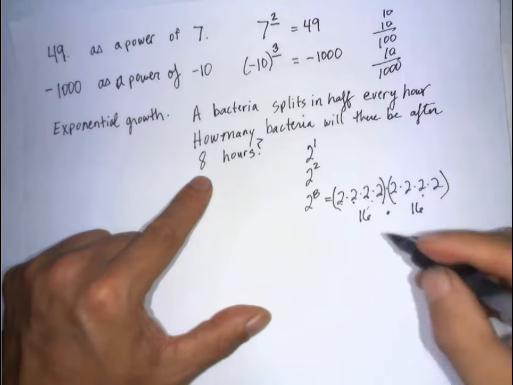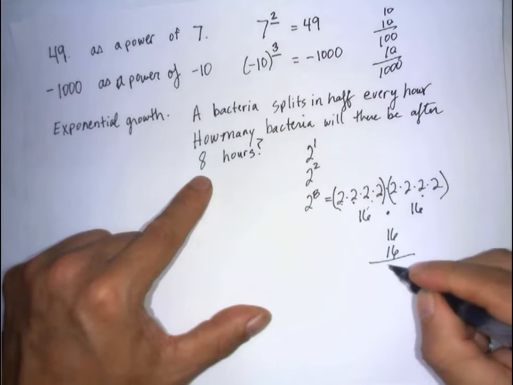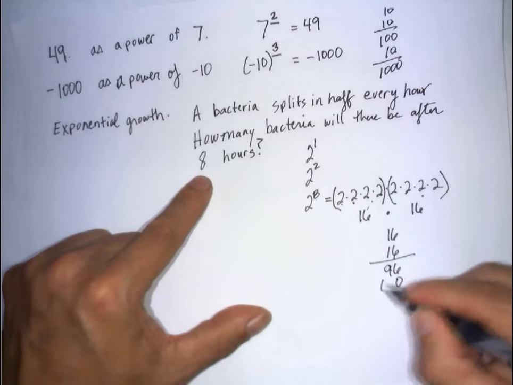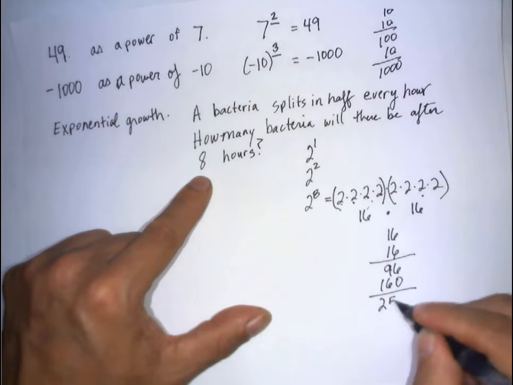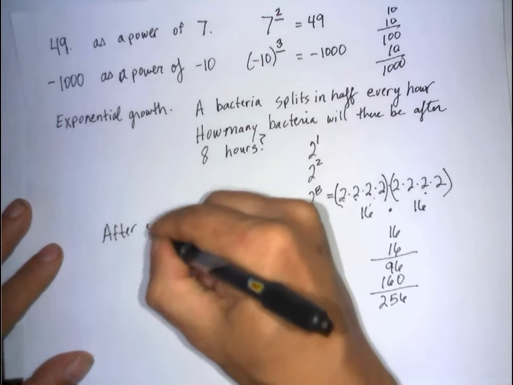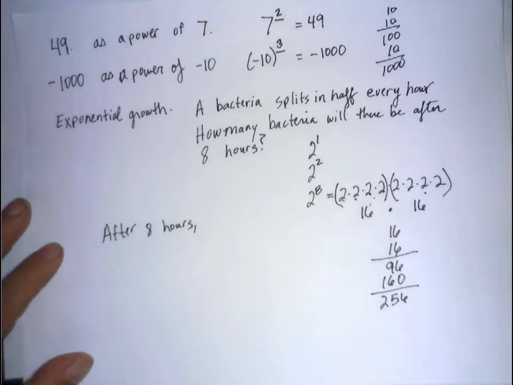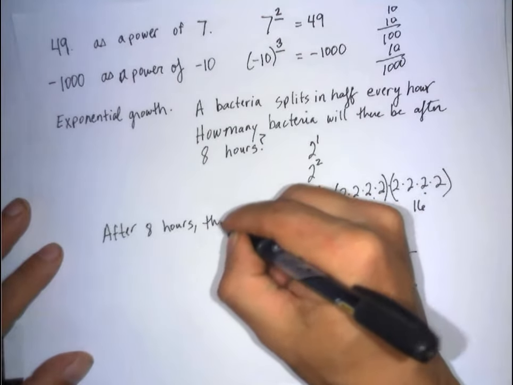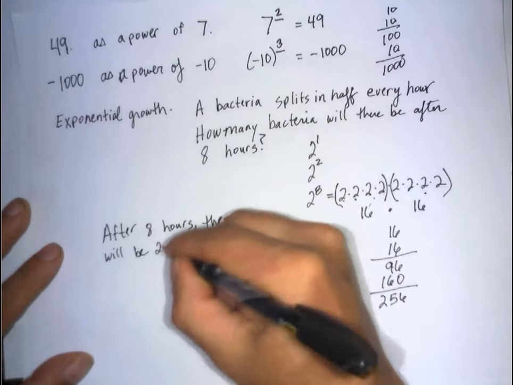So what we're looking for is 16 times 16. 16 times 6 is 96, and we add those up and we get 256. So we can say after 8 hours, there will be 256 bacteria.